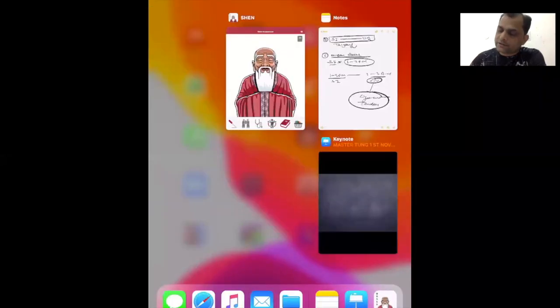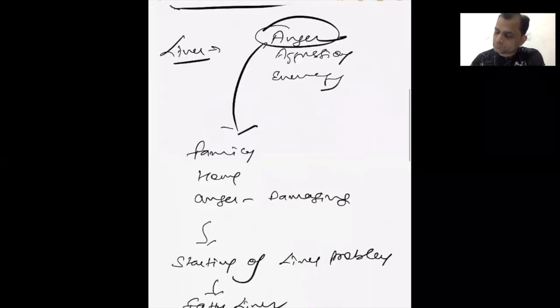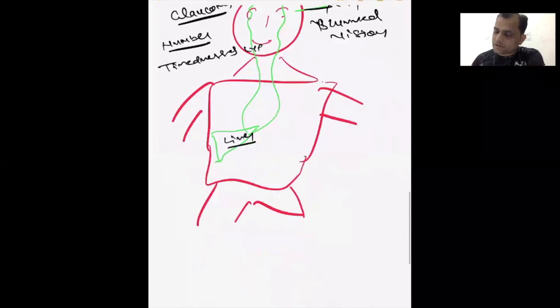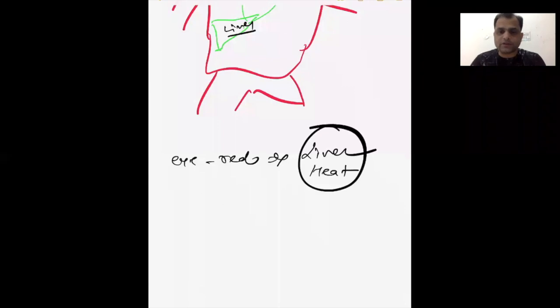On the other hand, if your eyes are red, then we say this is the condition of liver heat. So whatever happens with the liver, the same thing happens with the eyes. So the eyes have been considered the mirror of the liver.